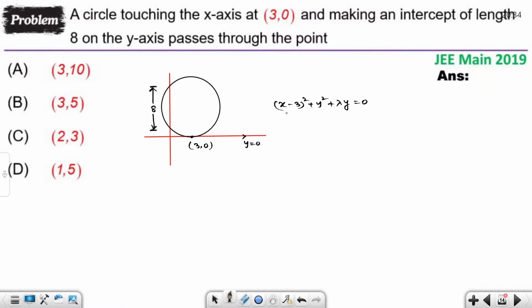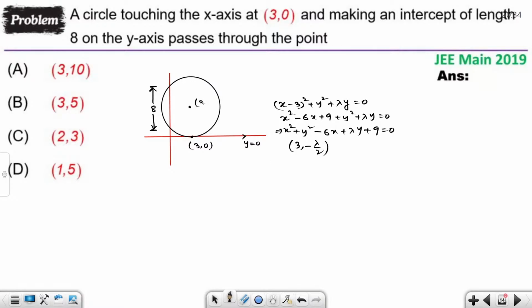Am I correct? Let me write it in a standard form. So what is its center? Right? So this is the center.